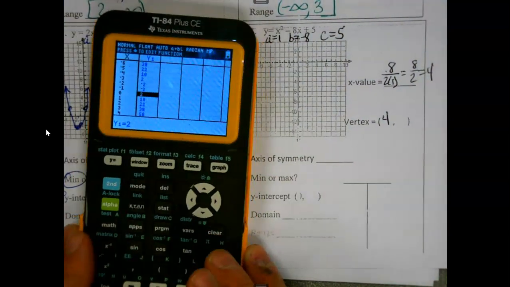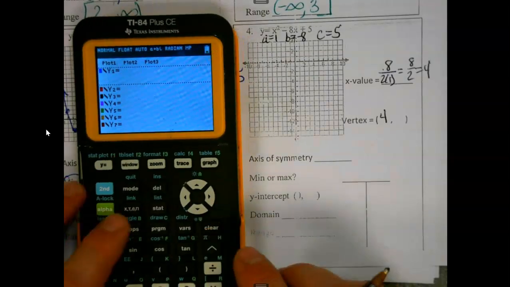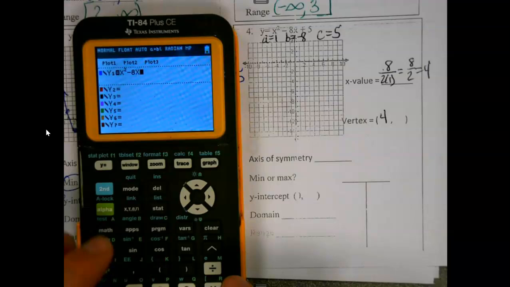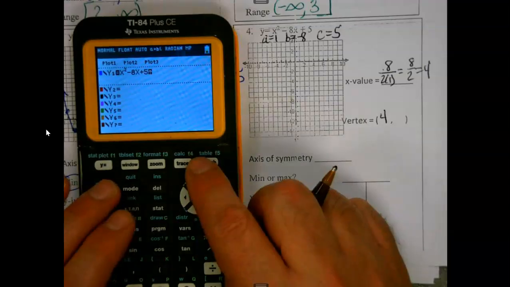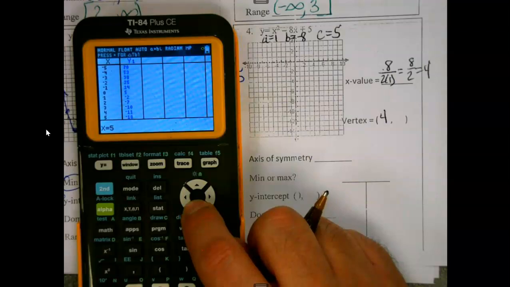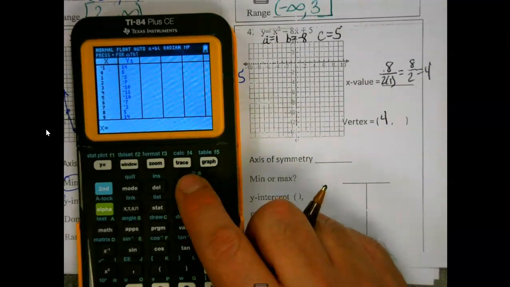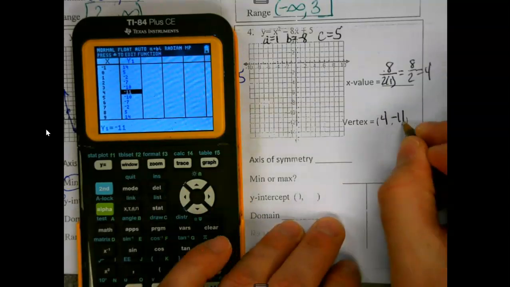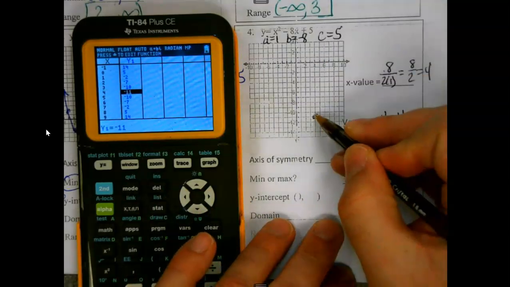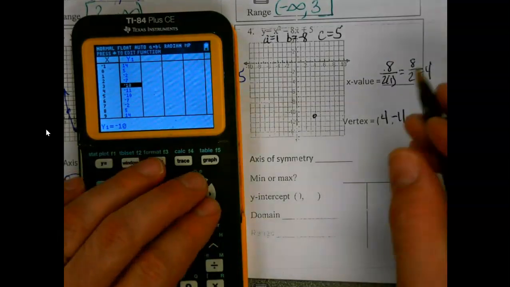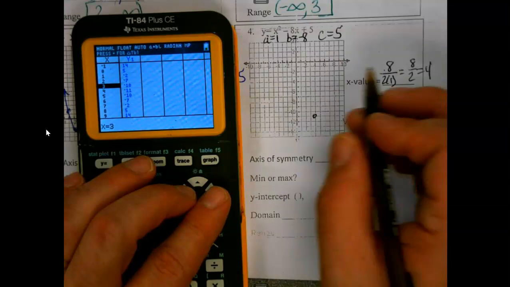We like that better. Type it on in. And we want 4 in the middle, because once we get the 4, we finish off our vertex. And then we can start plotting these other points.